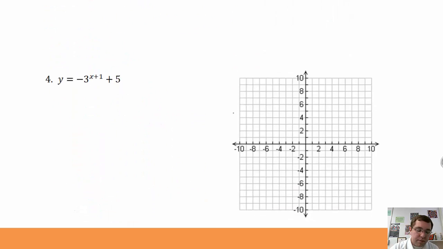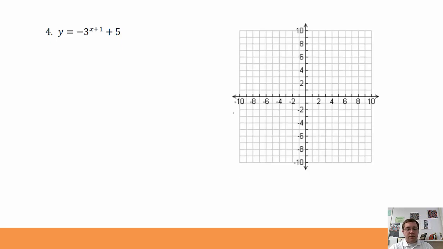How about this one? y equals -3 to the (x plus 1) power plus 5. Let's move the 5 to the other side so it's in the form that I want it in. And let's realize that the negative is not being raised to the exponent. If I wanted it to be raised to the exponent, I'd have to have parentheses around the -3. But I'm not going to do that.